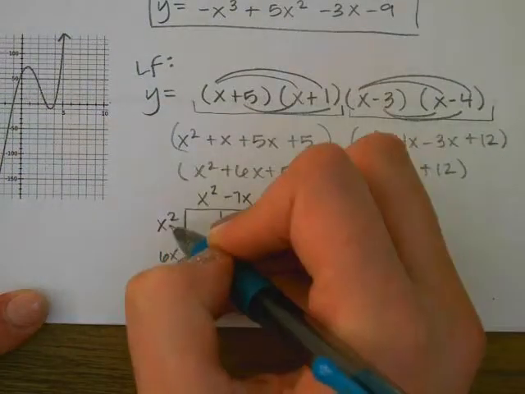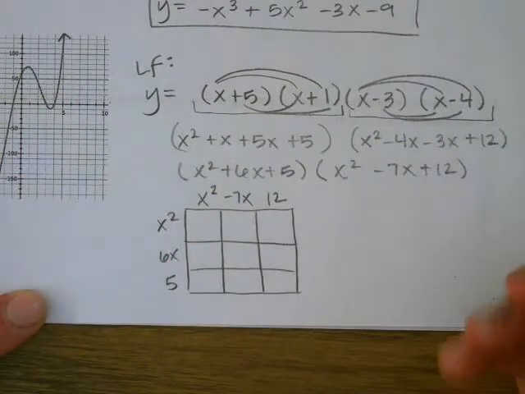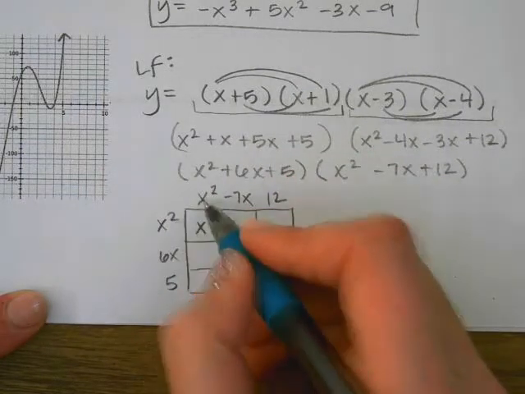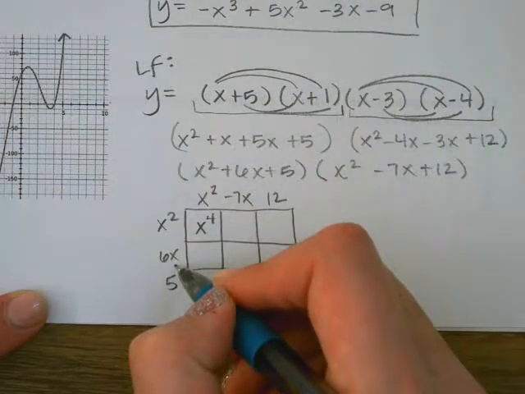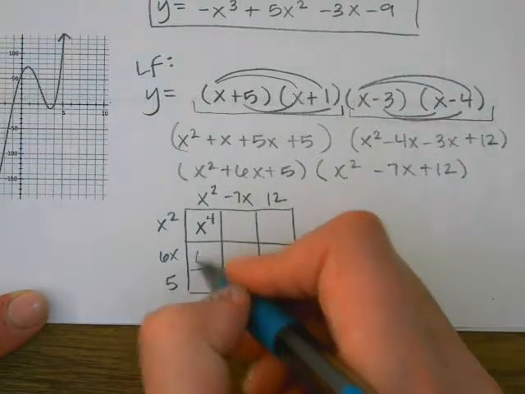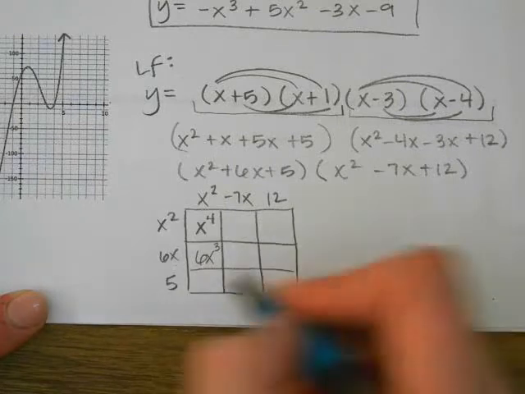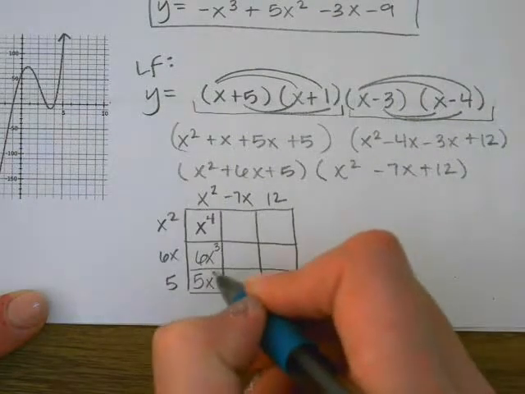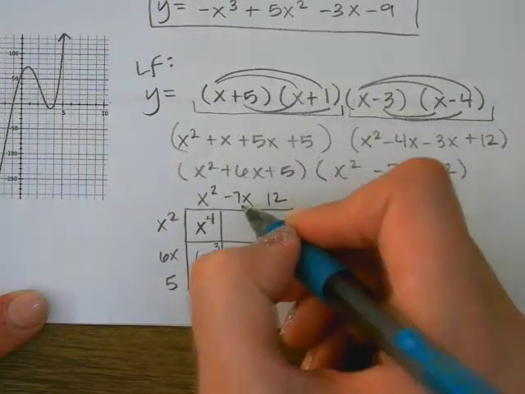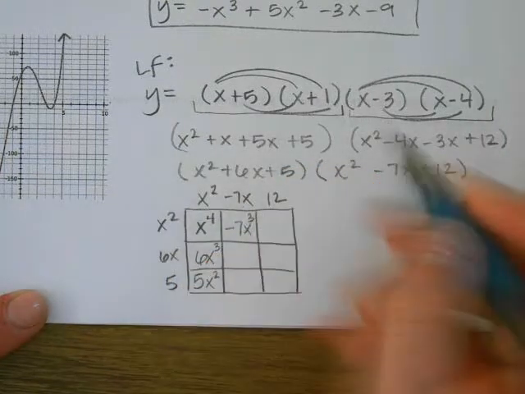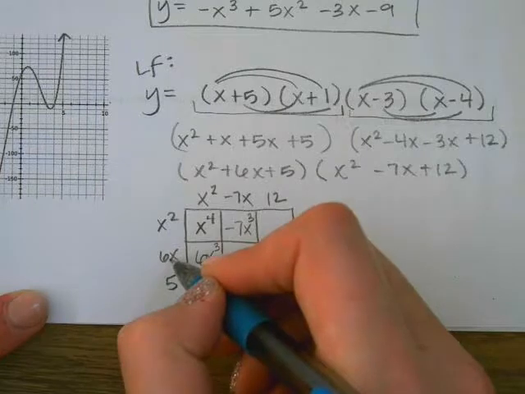So x squared times x squared is x to the 4th. X squared times 6x is 6x cubed. X squared times 5 is 5x squared. Negative 7x times x squared. Negative 7x times positive 6x.